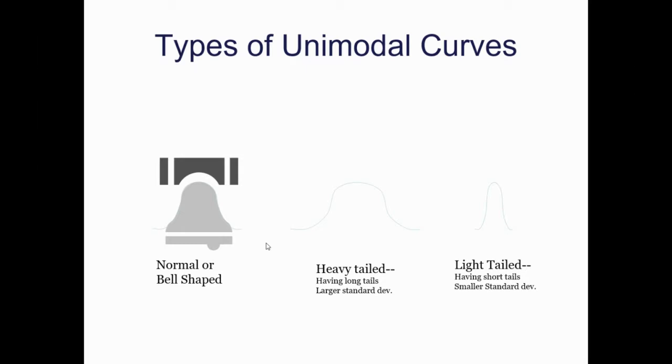But heavy-tailed, think of it like you just stretch the bell out. And light-tailed, you go up real quick and you come back down real quick. Light-tailed distributions have a small standard deviation. They have short tails and small standard deviations. There's not much wiggle room there.